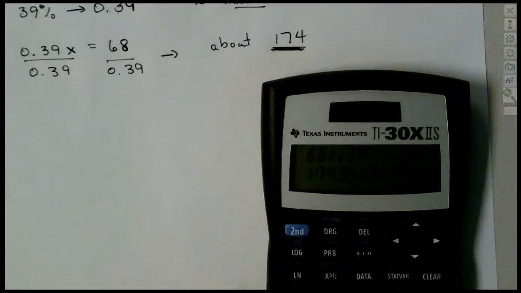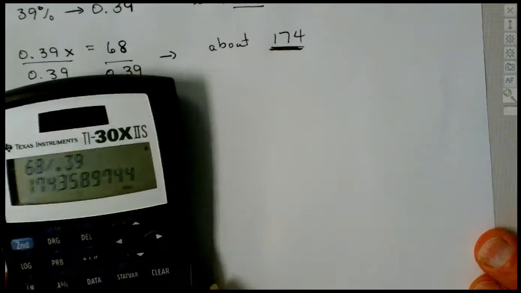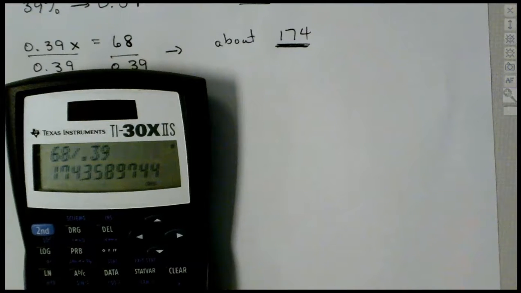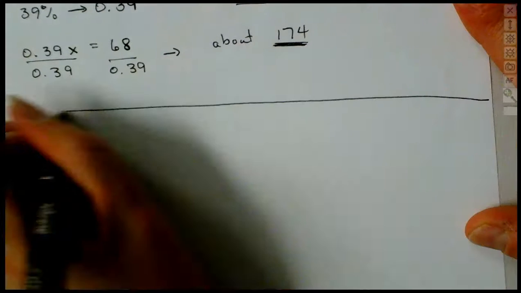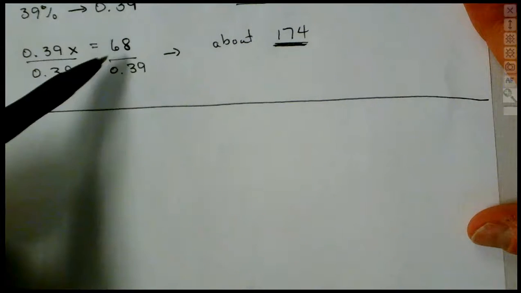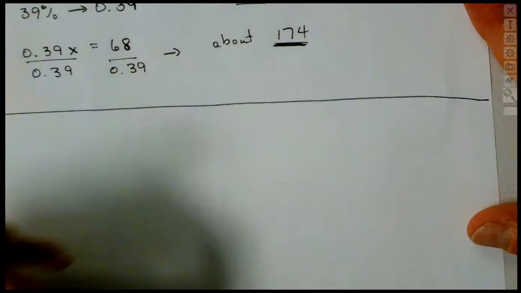Okay, so we just want the nearest number. So we're going to say that's about 174. And that makes sense because we want 39% of that number to give us 68. So it's got to be bigger.